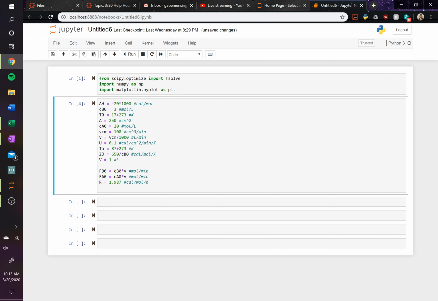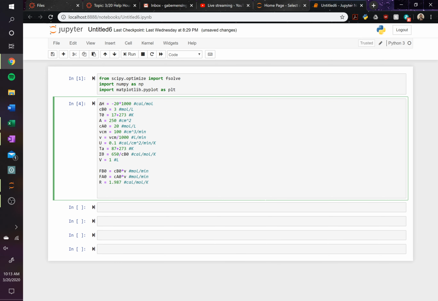Importing the stuff we need. Everything in here is our constants given in the units that I've made all the unit conversions that we need to make. So now we just need to plug in our equations for our energy balance and our mass balance.